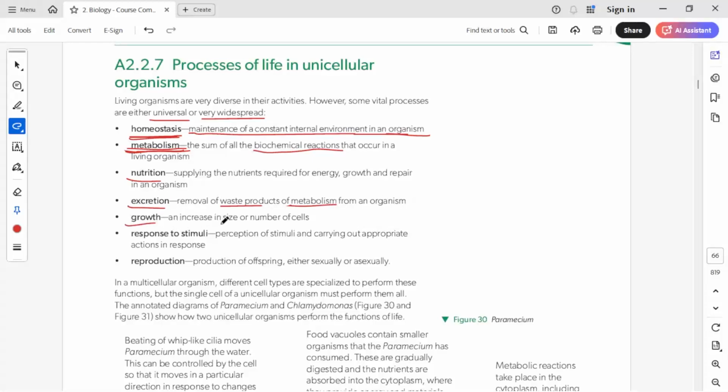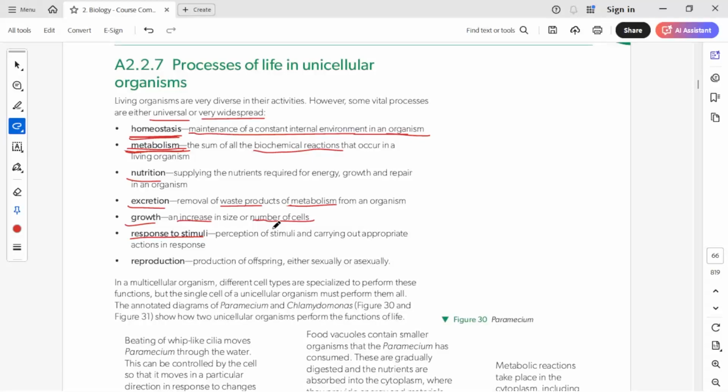Next is growth, an increase in size or number of cells. So an increase in size as well as an increase in number, both of them are considered growth. Response to stimuli is the perception of stimuli and carrying out appropriate actions in response. For example, if a sharp object is pricking your finger, automatically, without doing it on purpose, your hand will be removed from that place.